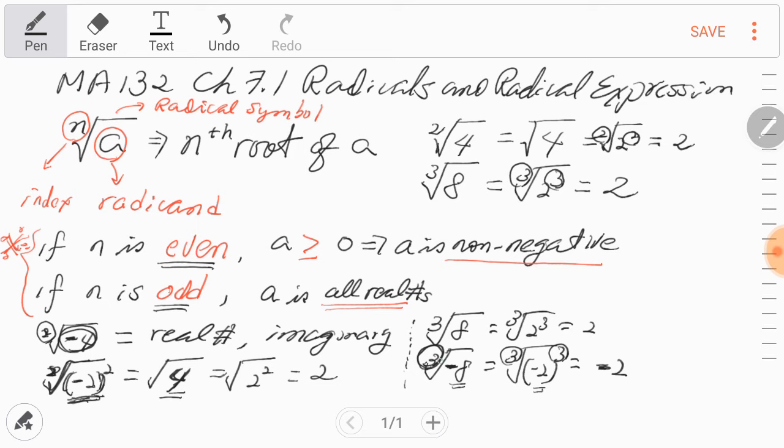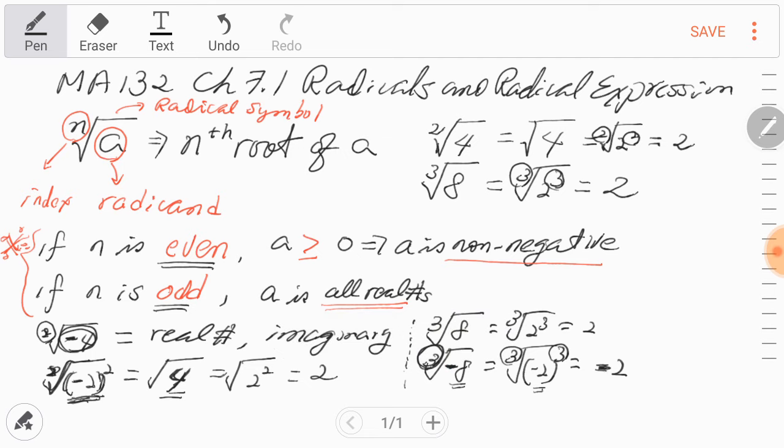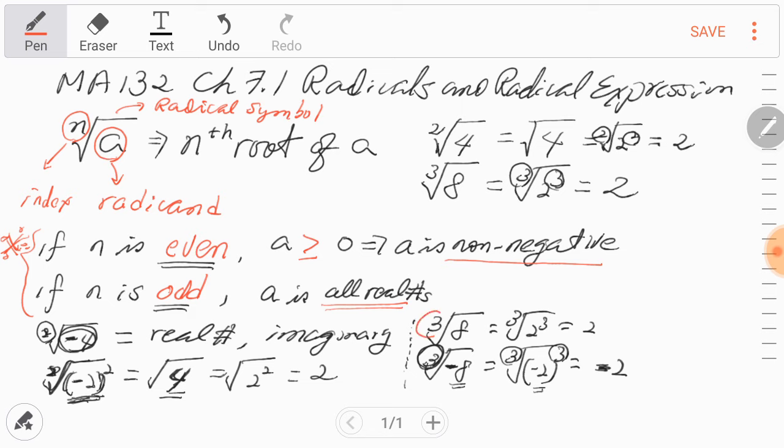Okay, so basically, if the index is odd and the radicand is negative, the result is negative. If the radicand is positive, then the result is positive.